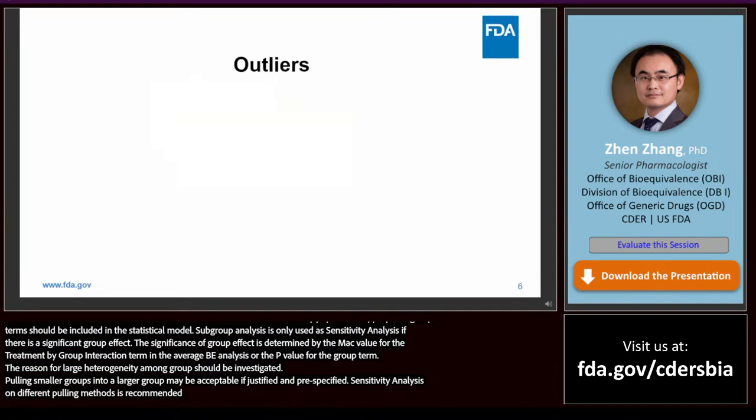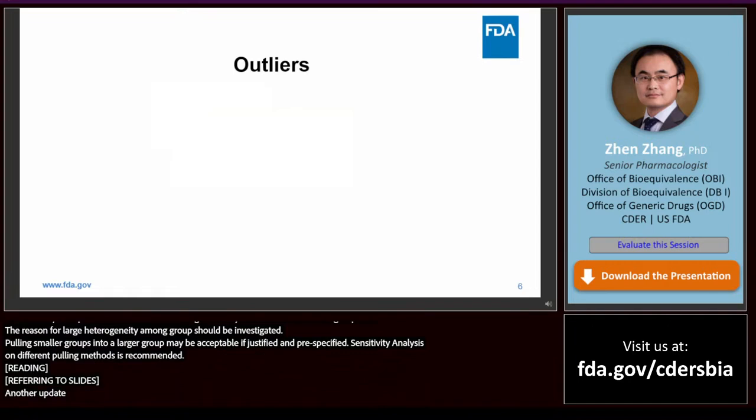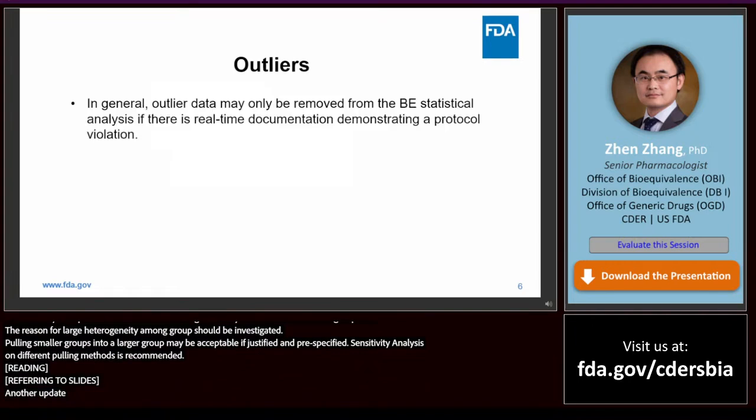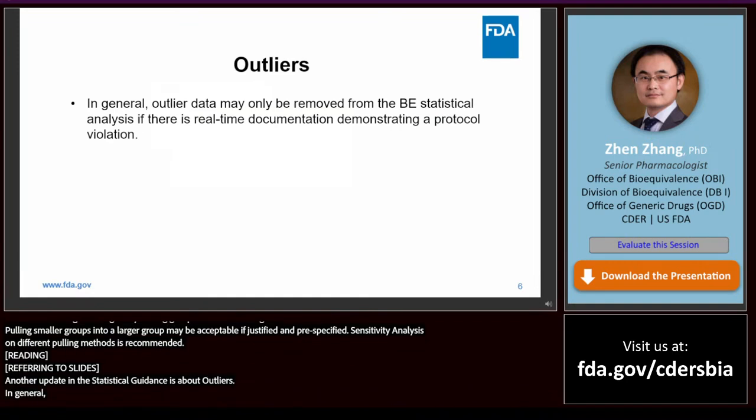Another update in the revised BE statistical guidance is about outliers. In general, outlier data may only be removed from the BE statistical analysis if there is real-time documentation demonstrating a protocol violation.